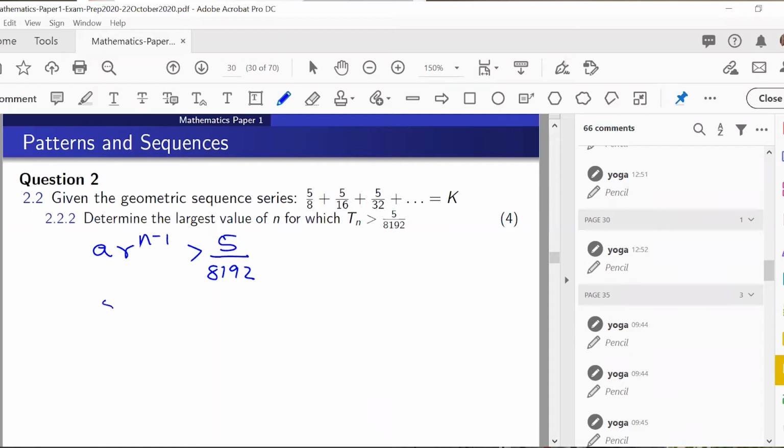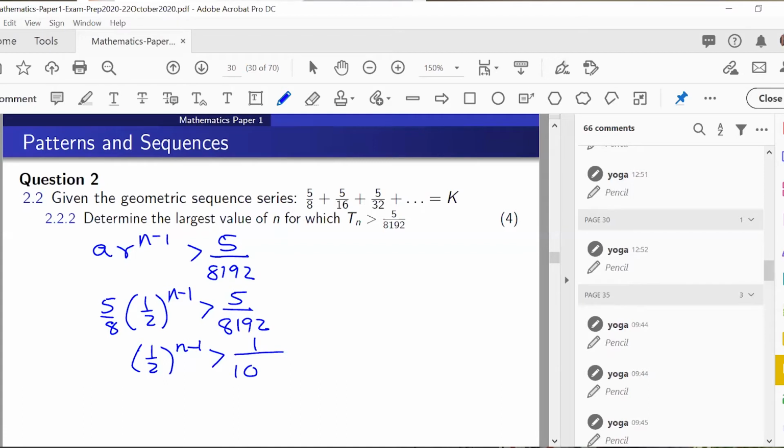Now our A is 5/8 and our r is half, and we have n minus 1 bigger than 5/8192. Now when we simplify and multiply throughout by 8/5, we get half to the power n minus 1 bigger than 1/1024.